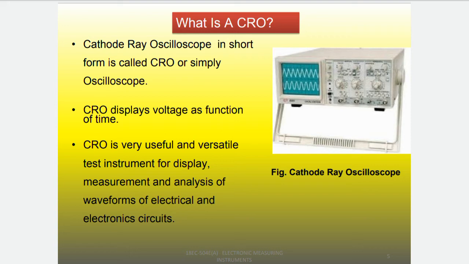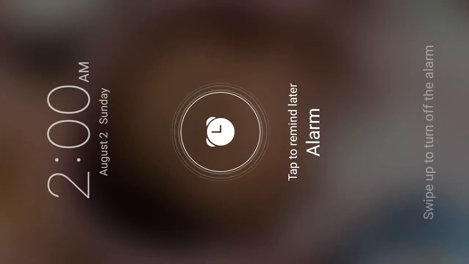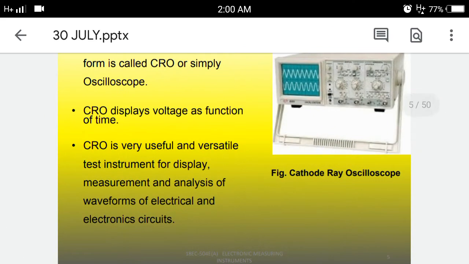CRO is a basic tool of an electronic engineer and technician, as voltmeter, ammeter and wattmeter are those of an electrical engineer or electrician. The CRO provides a two-dimensional visual display of the signal wave shape on a screen, thereby allowing an electronic engineer to see the signal in various parts of the circuit.